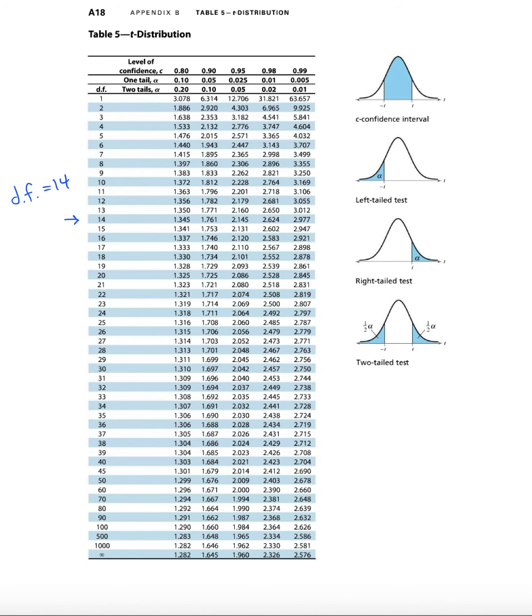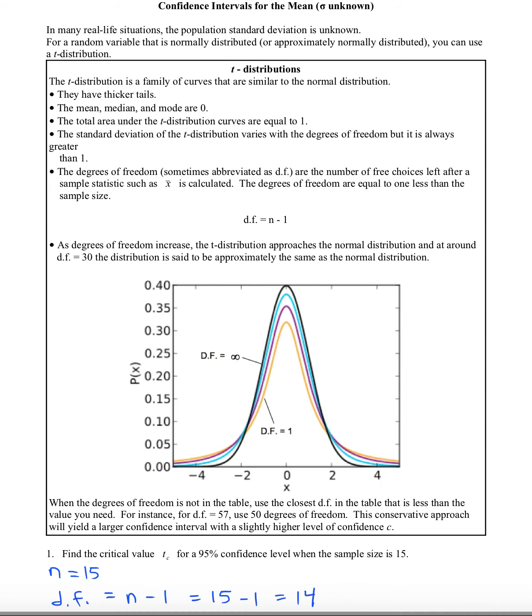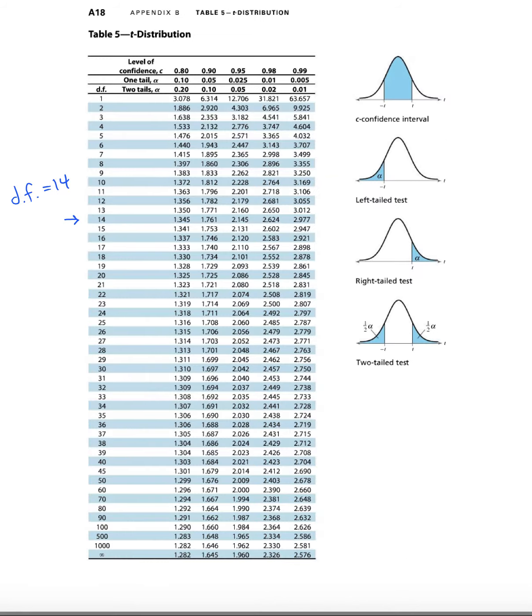And the confidence level was 95%. So we'll start with that, 95% confidence. We want to trace it down until we intersect it with the row 14. 2.145 is going to be our critical value, t_c.